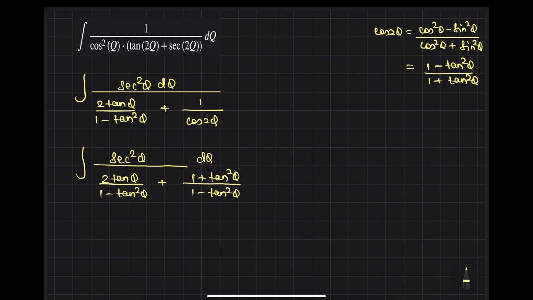If you observe this part, you will see the denominator is the same, so the numerators will simply be added and you will have a square plus b square plus 2ab.